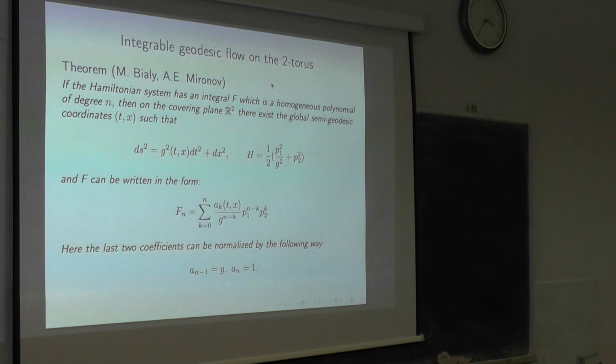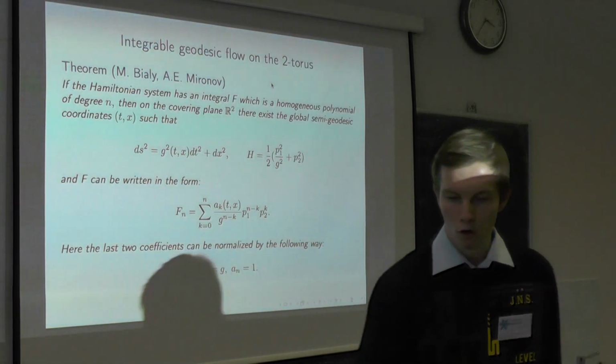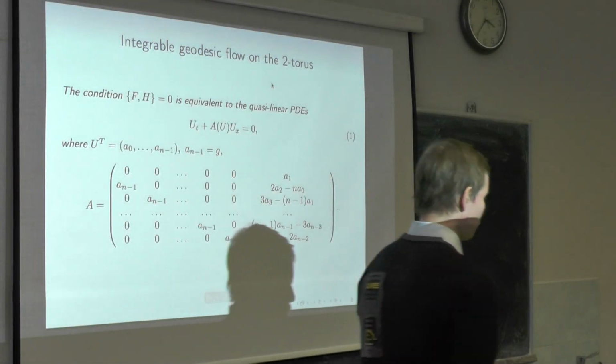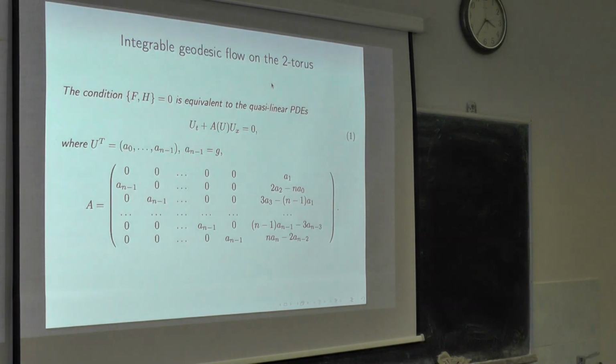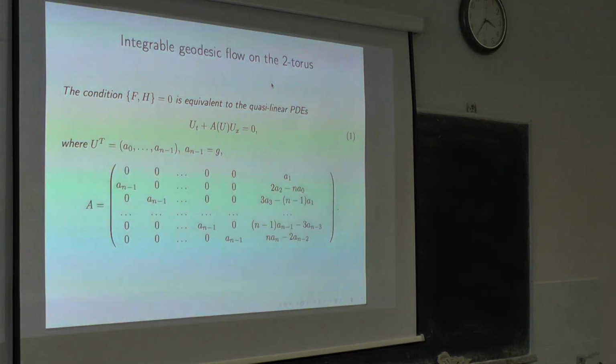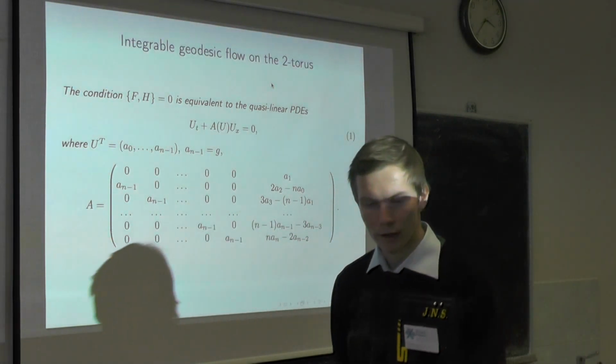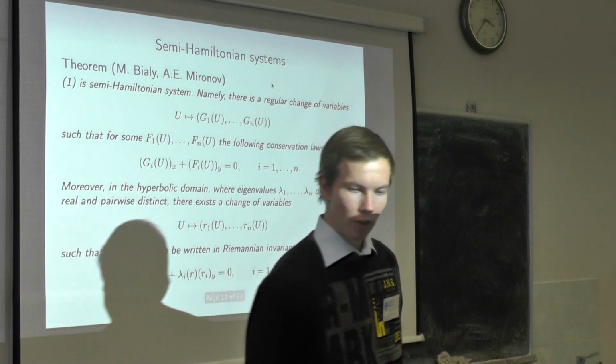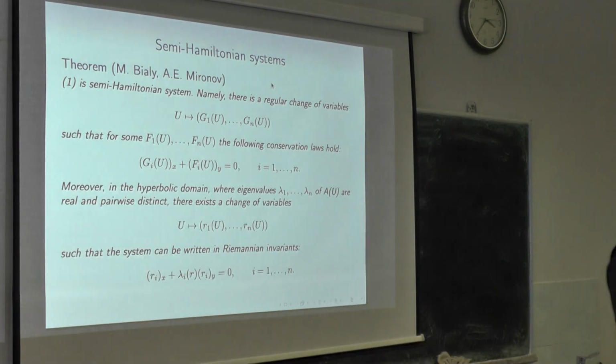The metric has the following form, the Hamiltonian, and we may search for the first integral f in such a form. And moreover, the condition that f is the first integral is equivalent to the following quasi-linear partial differential equation system. And it turns out that such a system has many beautiful properties. Namely, this system is a semi-Hamiltonian system.